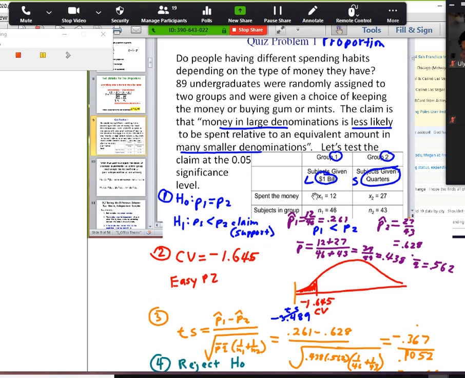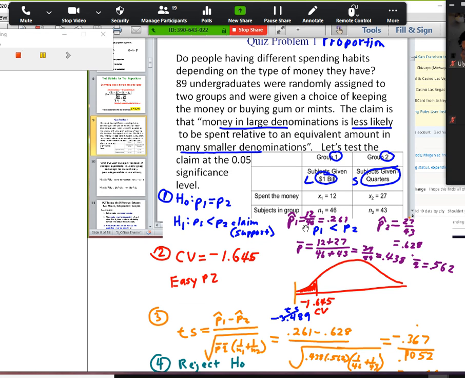Then you might as well find your P hat 1 and P hat 2. So please note, I'm not saying that P hat 1 is less than P hat 2. I'm saying that all of P1, like everybody in the world who's given a $1 bill, is P1, and everybody in the world who's given 4 quarters is P2. Those populations, P1 is going to be less than P2. This is just a sample. P hat is just a sample of 46 people.